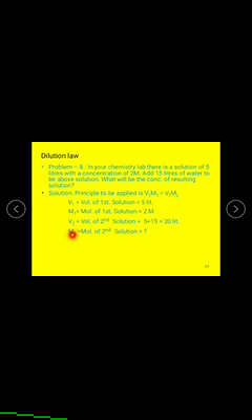What is the concentration of the second solution? We substitute these values in the equation, M2 equals M1 V1 by V2, and we get 0.5 molar. The molarity of the resulting dilute solution is 0.5 M.